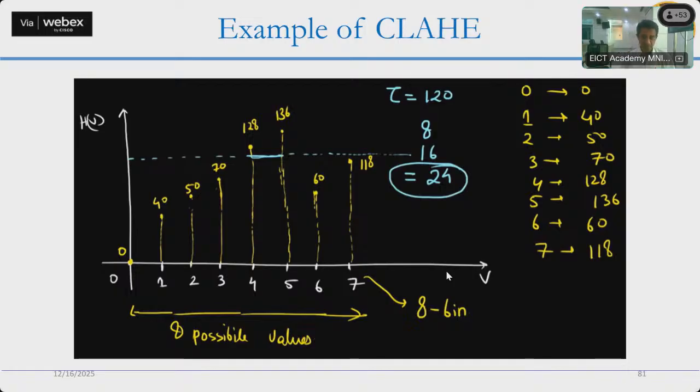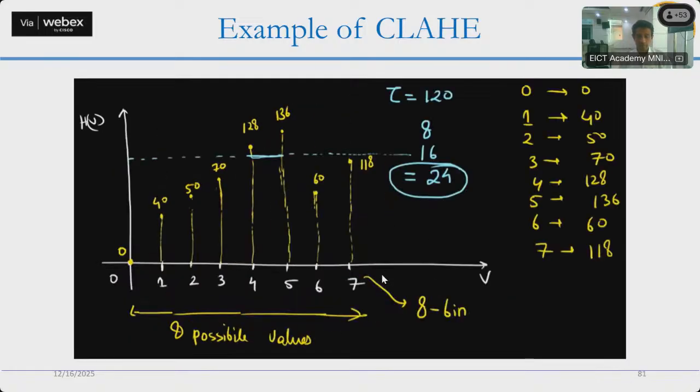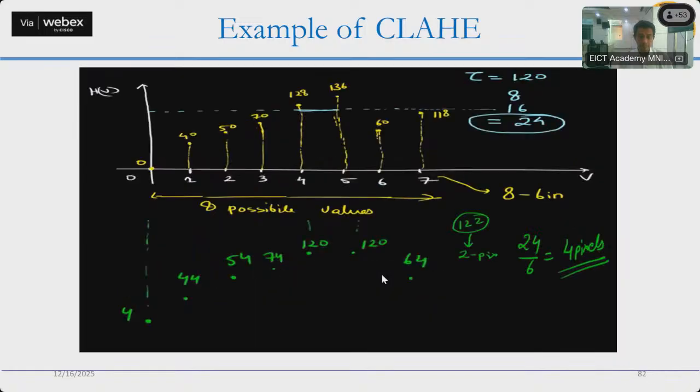So then we will use it. Here you can observe the 8 possible pixel values that are given.